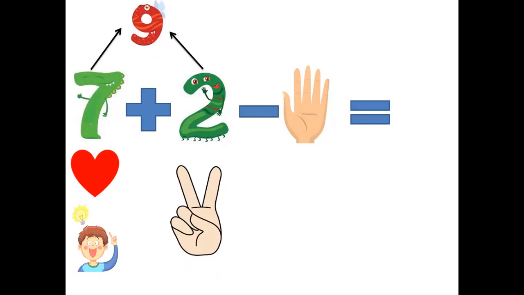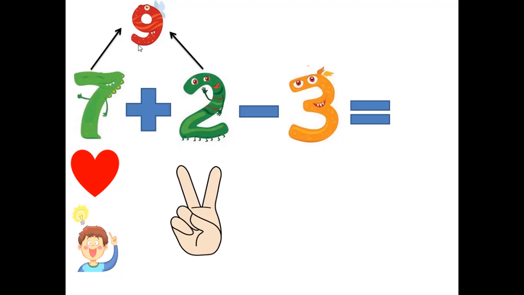When I have the first result, I will add it to the hidden number. Good job. How can I do it? I watch the sign. Don't forget, watch the sign. Okay, what is the sign here? Minus.